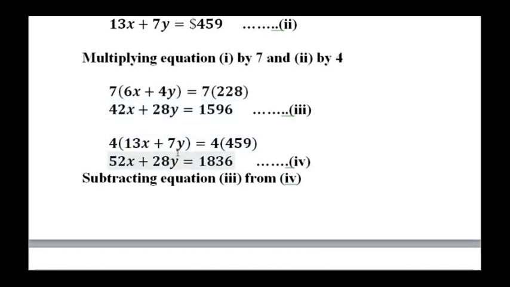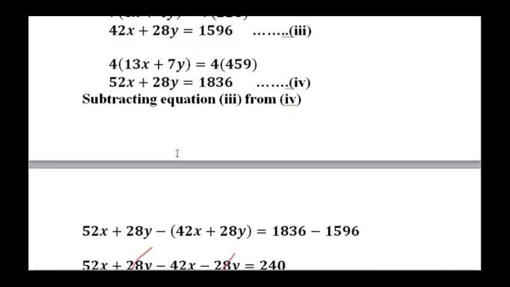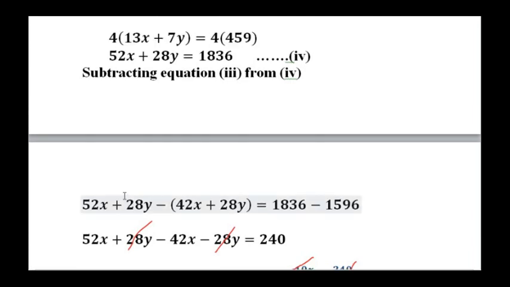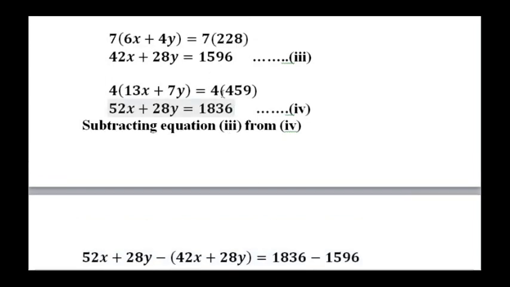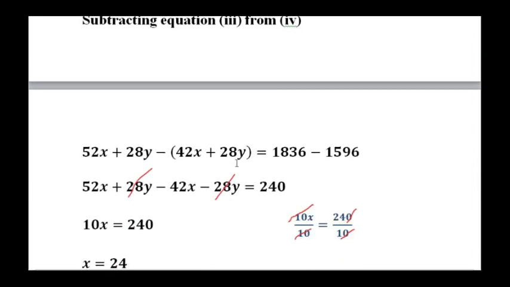Therefore, the left-hand side of equation 4, which is 52x plus 28y, minus the left-hand side of equation 3, which is 42x plus 28y, equals 1836 minus 1596. Now these are the right-hand sides of these two equations.